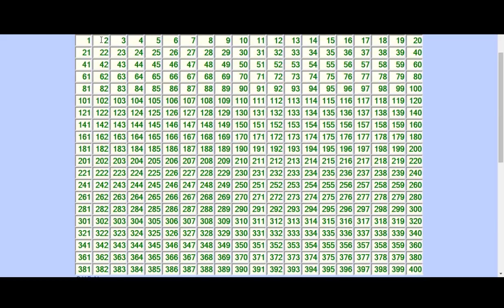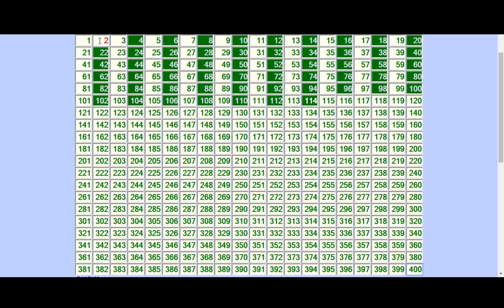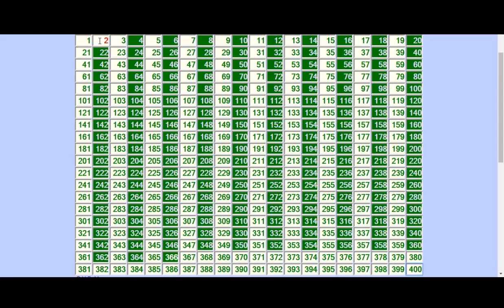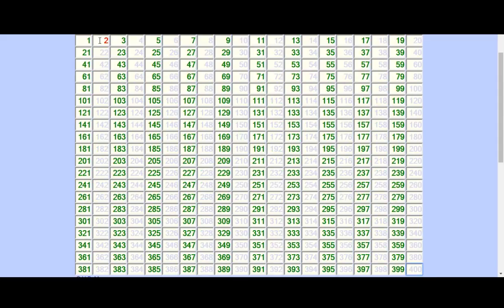That is a 2. When I select the 2, all other multiples of 2 should go away because they cannot be prime numbers. 2 divides into them. So look what happens when I click on the 2. All the other multiples of 2 are selected and removed. They cannot be prime numbers.